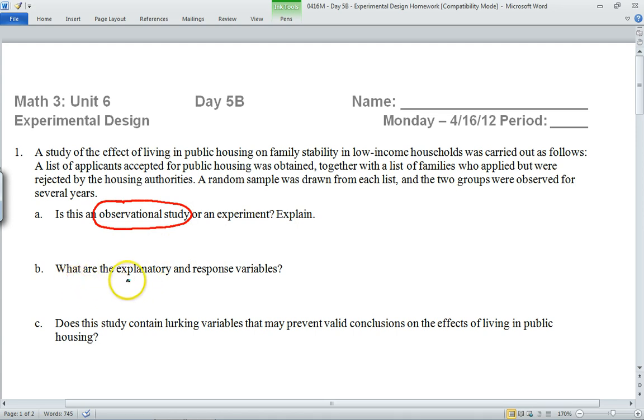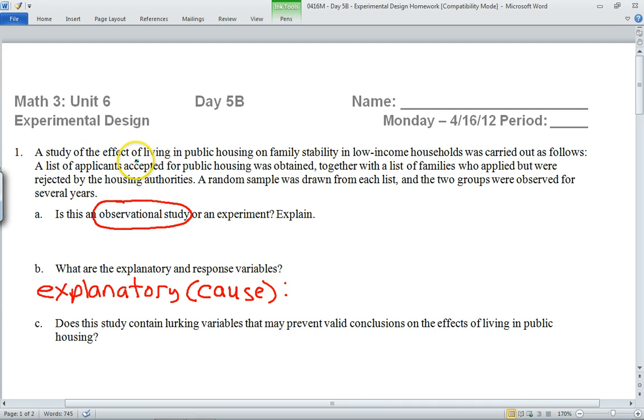Now, what are the explanatory and response variables? Let's start with explanatory. Remember, if you're thinking of cause and effect, the explanatory variables are like the cause. They are the variables that we think might be responsible for some observed result. So let's remember what the study is trying to examine in the first place.